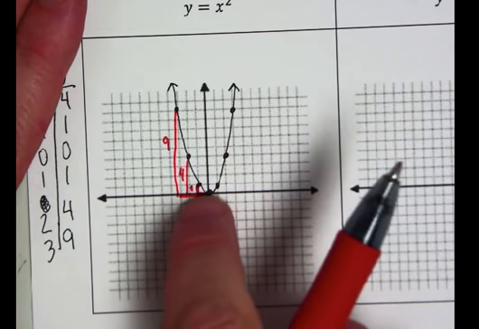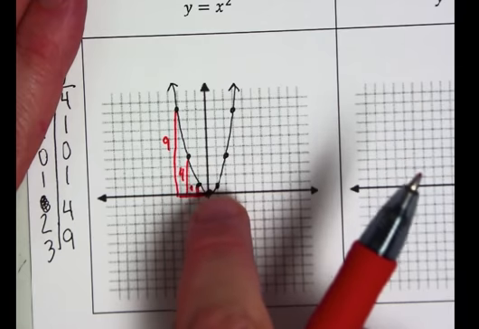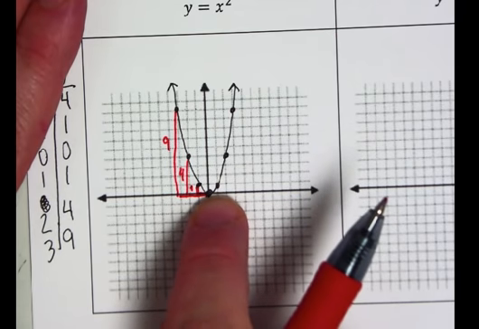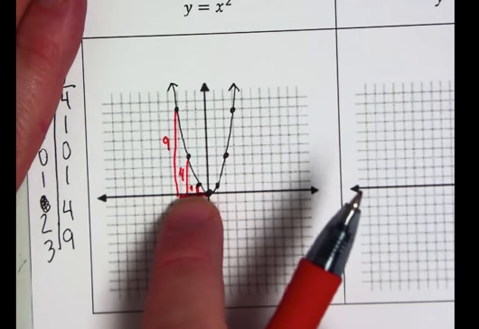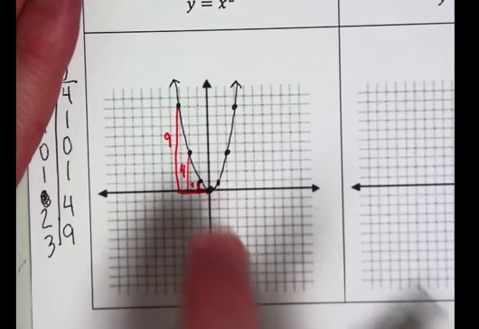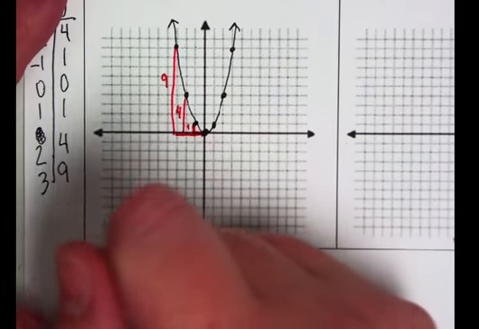So using the idea that the difference from the vertex is related to the x, it's just the square of whatever that x coordinate is, from the vertex.